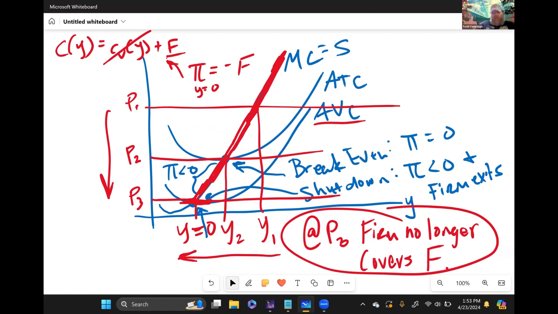Now, why are we thinking about this in the context of a firm shutting down versus staying in the market? Why is that the conversation? Well, that's the conversation because ultimately it's simply the number of firms in the market that defines the level of production. What defines the level of production is going to be essentially the same across all of these firms.